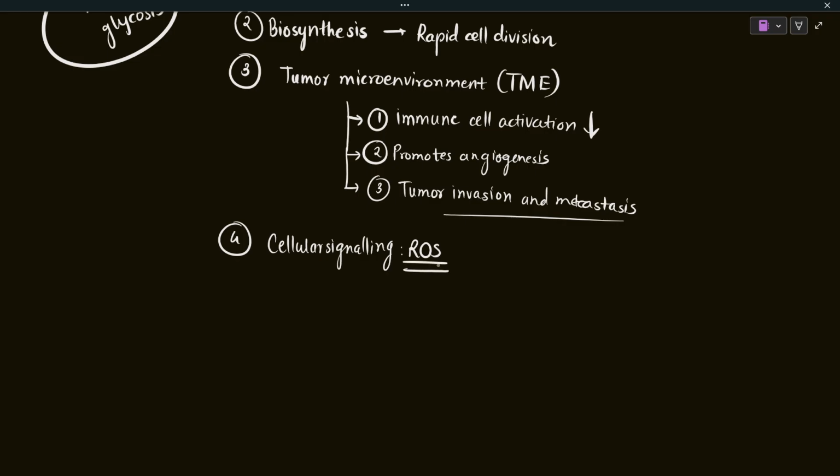ROS signaling at a moderate level moderates proliferation. Whenever excessive ROS is there, it leads to oxidative stress. So moderating the ROS helps the cancer cells to proliferate uncontrollably. Then there will be epigenetic regulation which influences gene expression, like acetyl CoA from glycolysis doing histone acetylation, and this helps in better cellular signaling, so that proliferation will be uncontrollable.